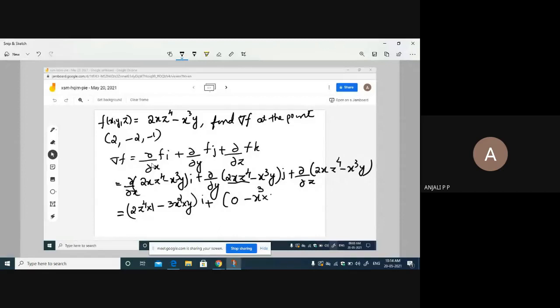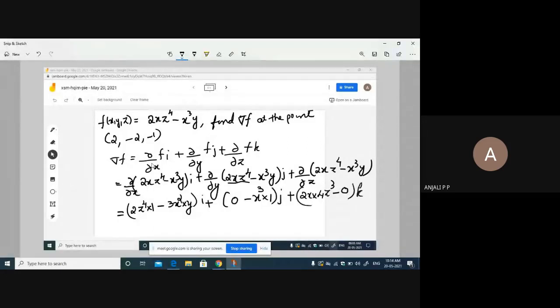1. j, plus the last term, z with respect to z. So x is constant, 2x is constant. So 2x into z raised to 4, derivative of z raised to 4 is 4z raised to 3, minus here no term of z, so x cube and y are constants, so the derivative is 0.